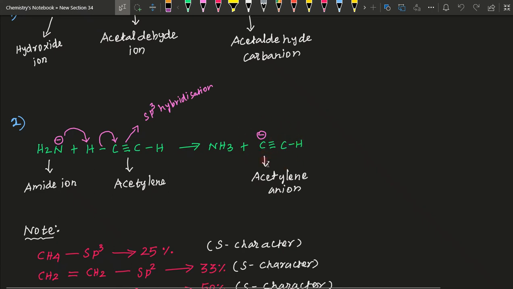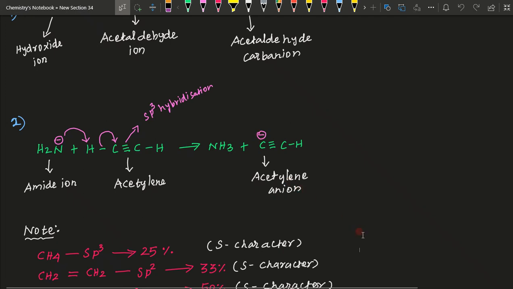This is the acetylene anion. So this carbon attained one negative charge. It means this carbon has one extra electron. So this is called acetylene ion.